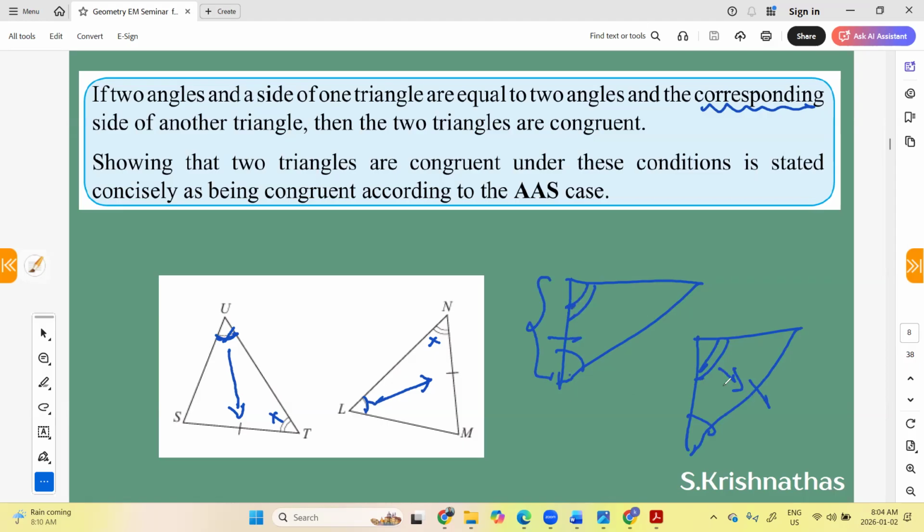Here, this side is opposite of this double angle. So, not in the corresponding position. So, these are not congruent. So, consider this one, students. Two angles and a side equal to two angles and the corresponding side. Here, opposite of single. Here, also opposite of single. So, these are congruent. Okay, this is the second case.